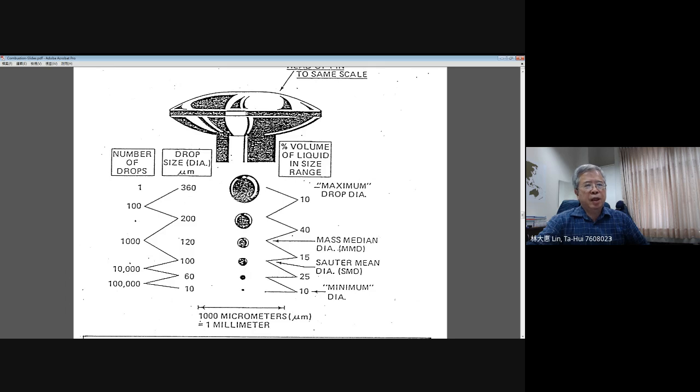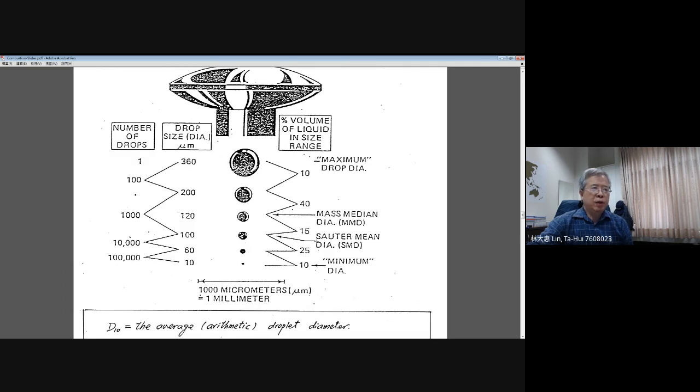And if you think about the mass median diameter, MMD, the average value may shift to a larger droplet size. The average value for different definitions gives you different physical meanings to characterize your spray in your application.